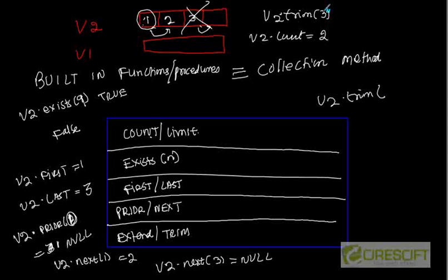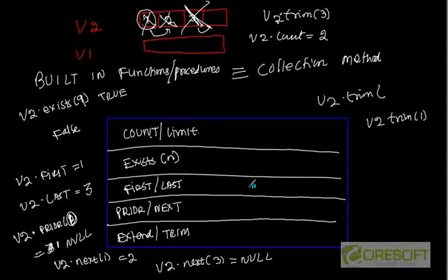If you do v2 dot trim 3, it is going to delete 3 elements from the end. However, if I just give v2 dot trim 1, it's just going to delete the last element, so in that case only 3 will be gone.